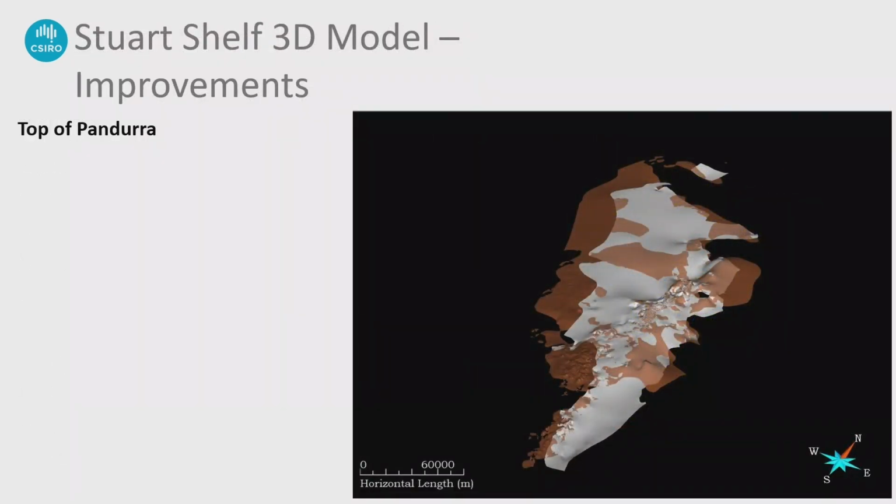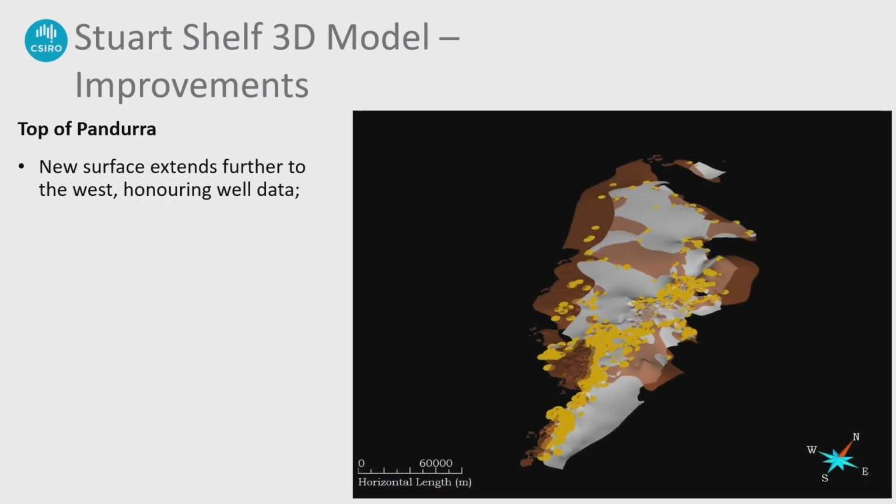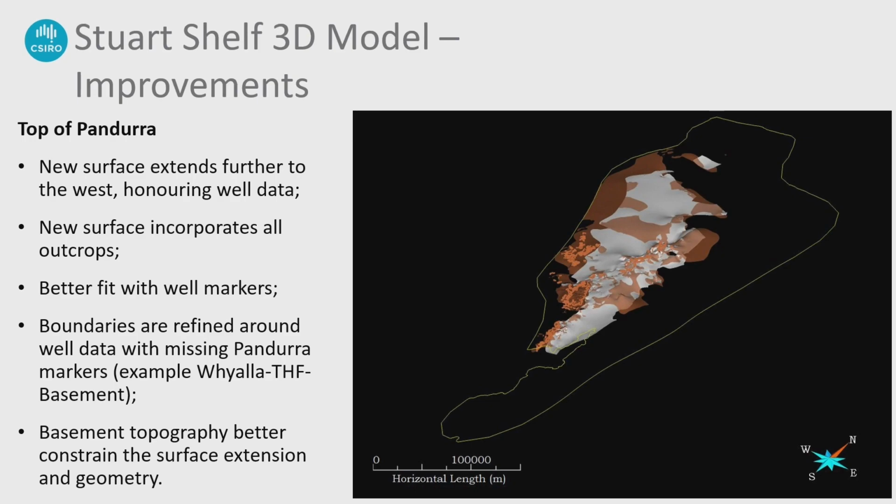If you already played with the existing version of the Stuart Shelf 3D model, this refined version has some differences. For example, the updated version extends a little bit further west and honors, of course, the lithological data, the well markers, and also the outcropping units for each unit.